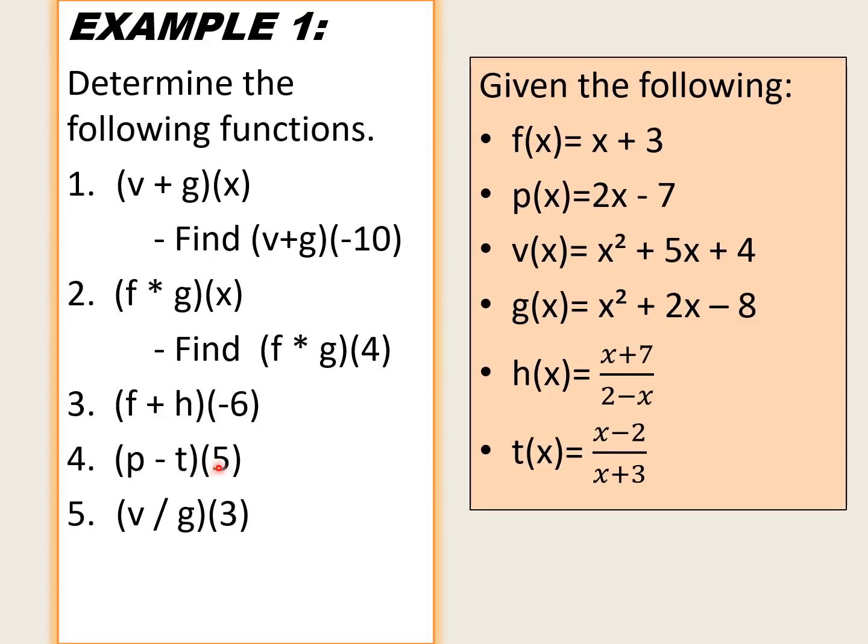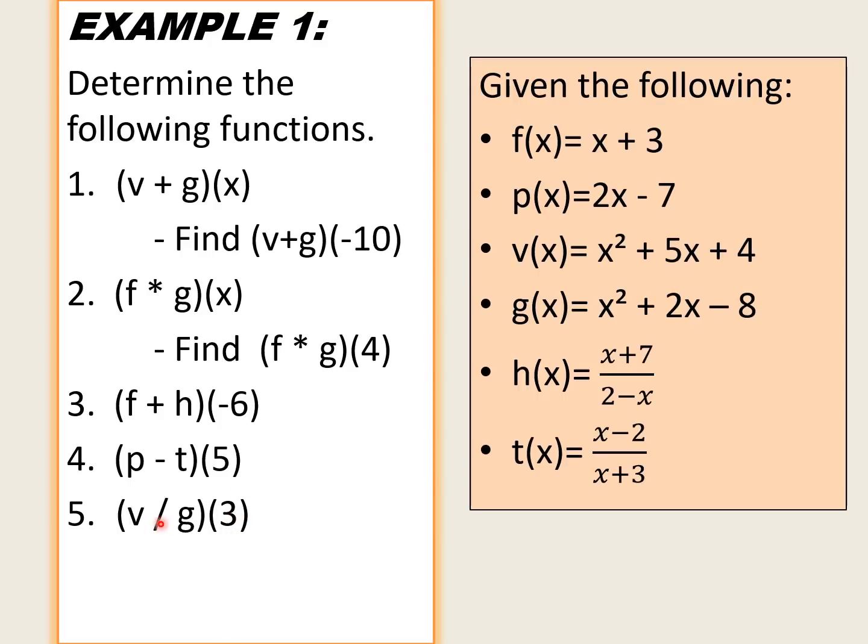Ang gagamitin nating x dito would be 5. Tapos naman, dito, sa last item natin, we have v over g of 3. Ang ibig sabihin yan, the quotient of v and g. Tapos, evaluate natin using 3.